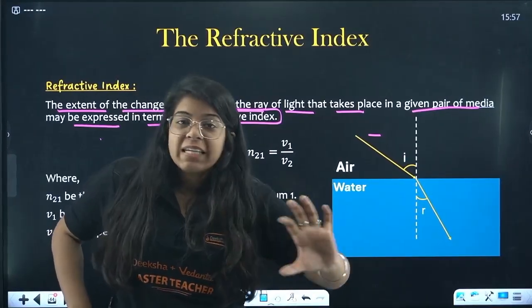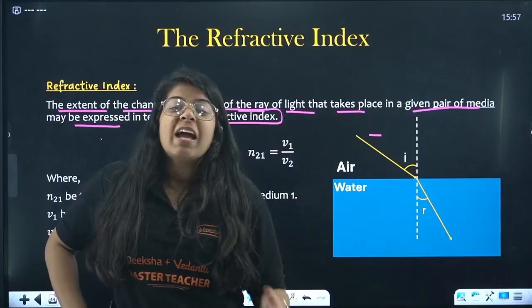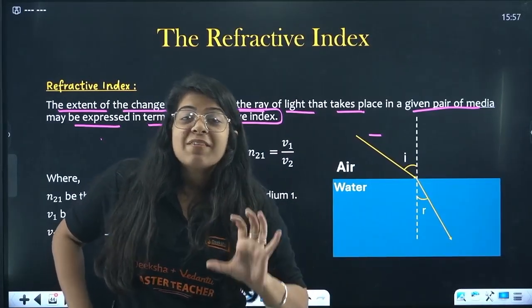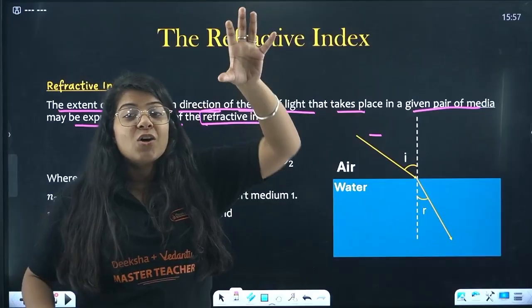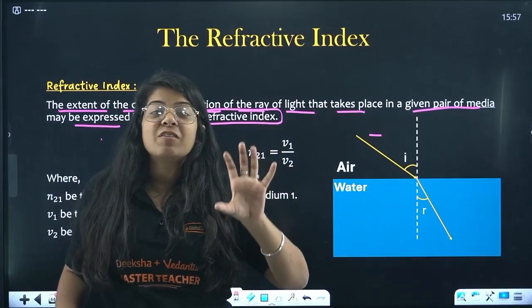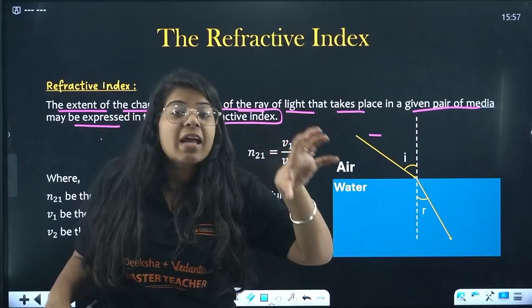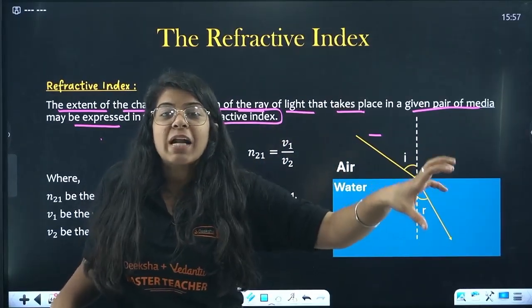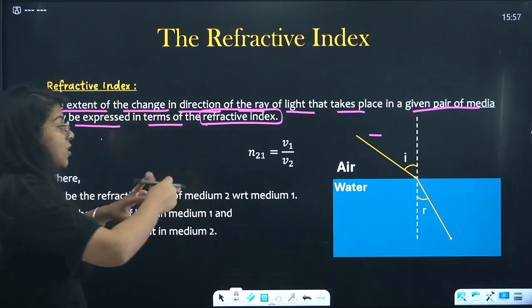If it is traveling easily, then it's a rarer medium. If it is facing difficulty, then it's a denser medium, right? So if refractive index is more, velocity of light will be less. If the refractive index of the medium is less, that means it's a rarer medium. That means velocity is more, it will run easily through that medium, right? So it is inversely proportional.